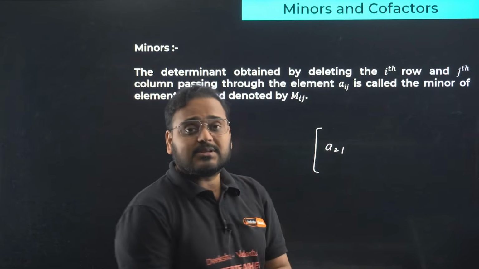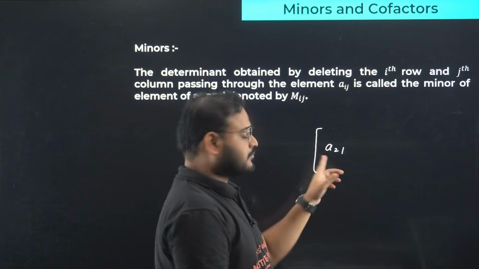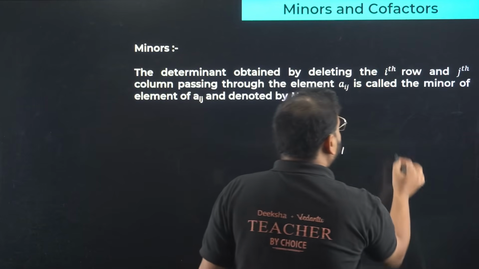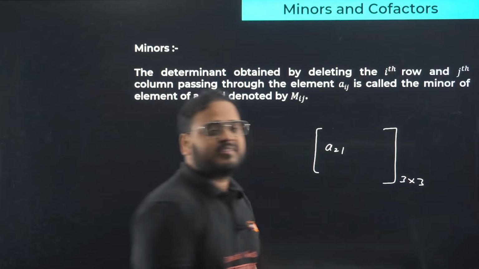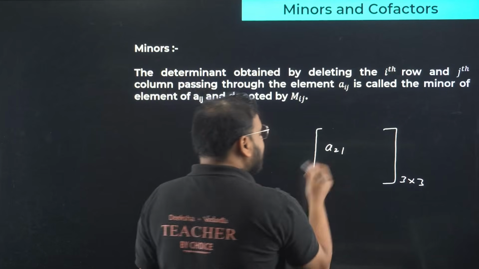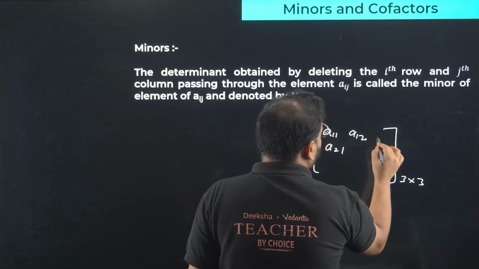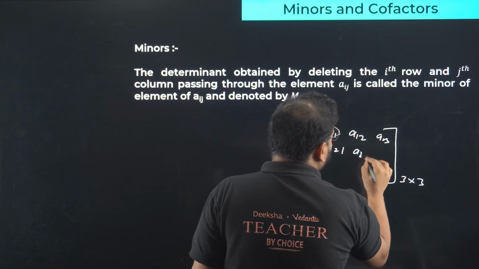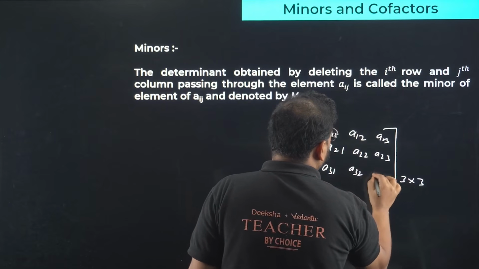then what is it going to be? It's going to be a matrix of order 1 less than the original matrix. Right now the matrix is of order 3 cross 3. So we'll have a11, a12, a13, then a21, a22, a23, a31, a32 and a33.